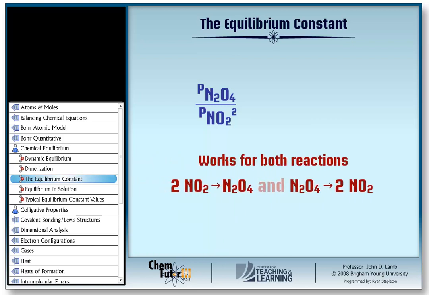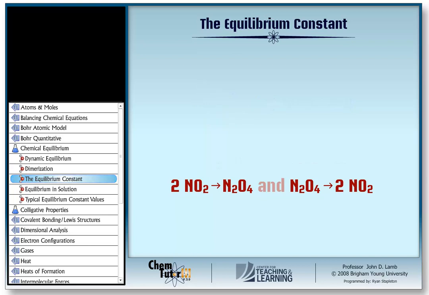So what is this magic ratio? Well, at room temperature, it's approximately 3. And where did this ratio come from? Well, that's the most amazing part of all, because for any reaction, this ratio can be easily derived from the balanced reaction. Watch. Here's the balanced reaction.